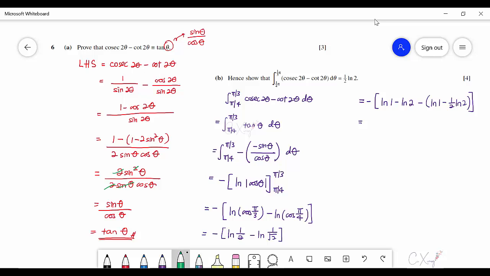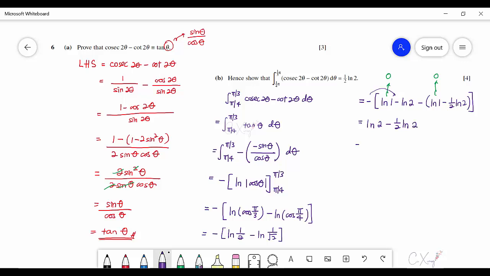From here, you need to simplify a little bit more. Ln 1 is equal to 0, and this ln 1 is also equal to 0. Then if you put the negative inside all the values here, you have ln 2 minus half ln 2.